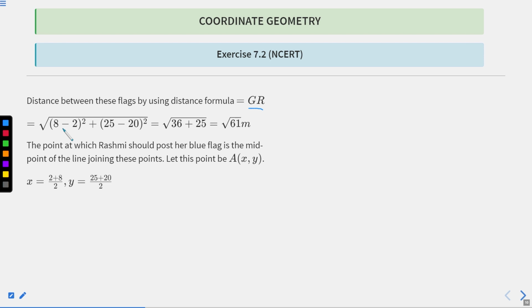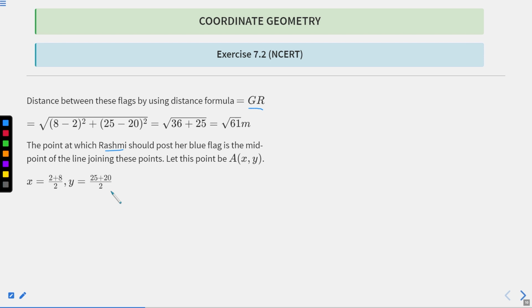GR is equal to square root of (8 minus 2) whole square plus (25 minus 20) whole square, which is equal to square root of 36 plus 25, and this is equal to square root of 61 meter.